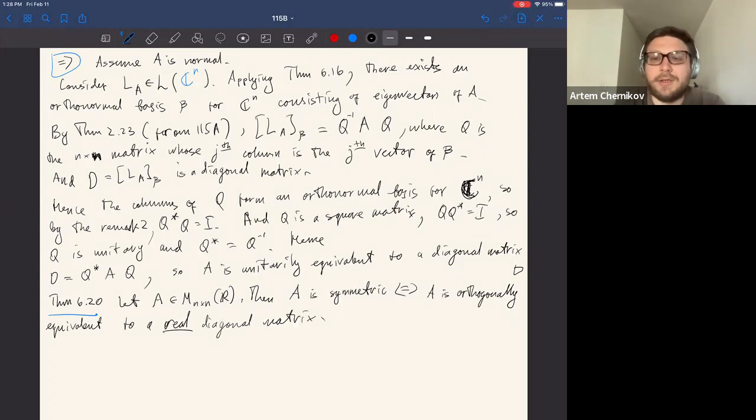So we have an analogous result for the case of reals, and the proof is going to be a homework problem in the next homework.